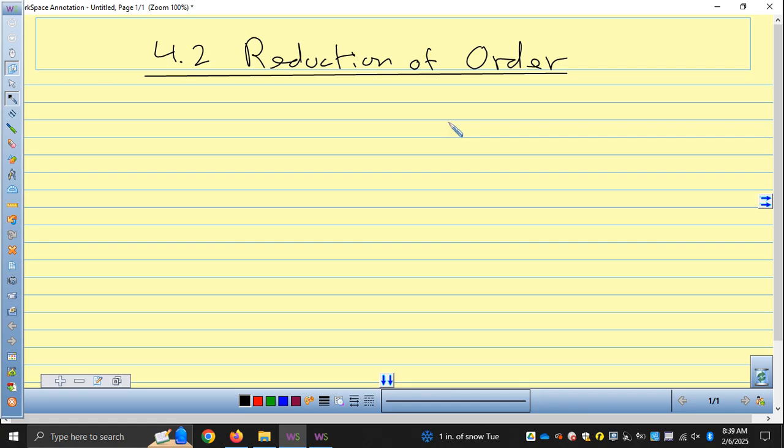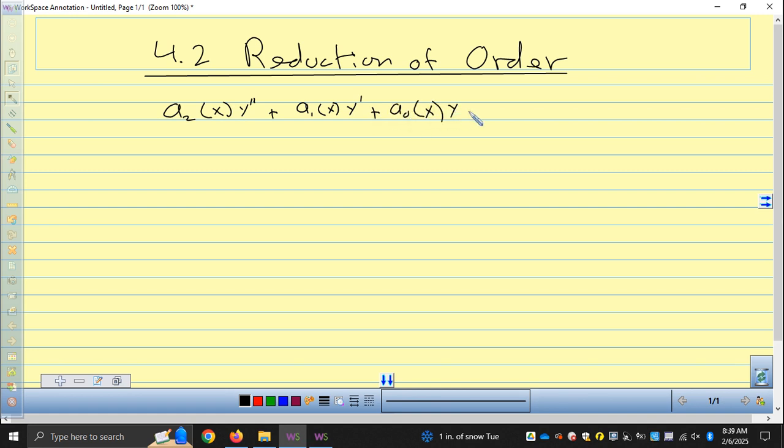All right. Based on what we've talked about the last couple of lessons, we know that this equation a2(x)y'' plus a1(x)y' plus a0(x)y equals 0, where we're assuming our coefficients satisfy our conditions, has a solution.